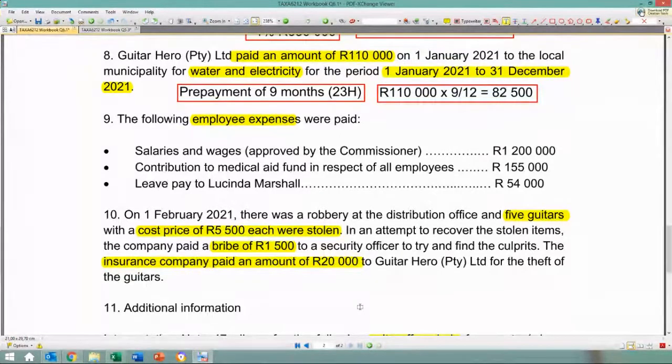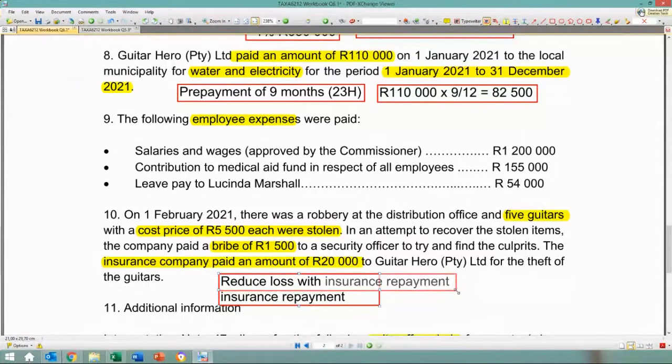So we said for theft, we are allowed to claim the loss that we made, but only to the extent that we did not recover a portion from the insurance company. So because we recovered the 20,000, we have to reduce the loss with the insurance payment. And then the bribe is prohibited.